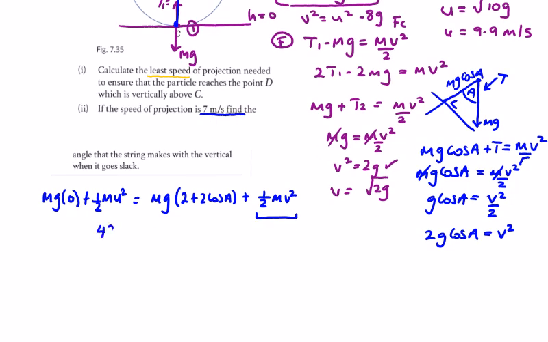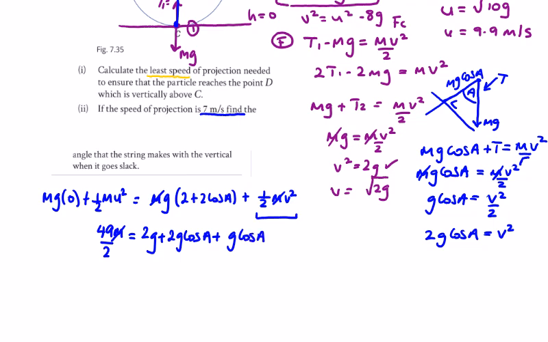So we're going to get 49m over 2. Divide by m here as well, couldn't we? Let's do that at the start. Let's divide by m. So 49 over 2 is equal to 2g plus 2g cos A plus, well, what would v squared over 2 be? It would be g cos A. Don't need to worry then.